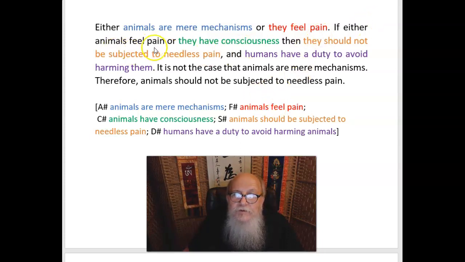And we already have animals feel pain. They have consciousness, which means animals have consciousness. They should not be subjected to needless pain. We pull out the not, and that becomes animals should be subjected to needless pain. And humans have a duty to avoid harming them becomes D right there in our dictionary.